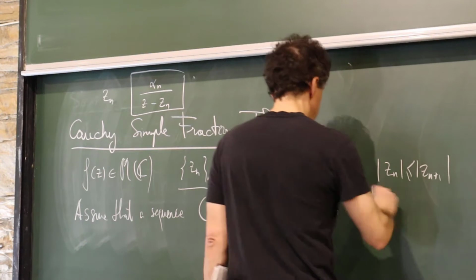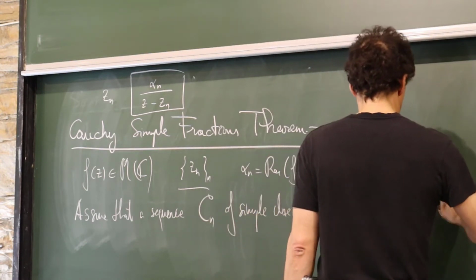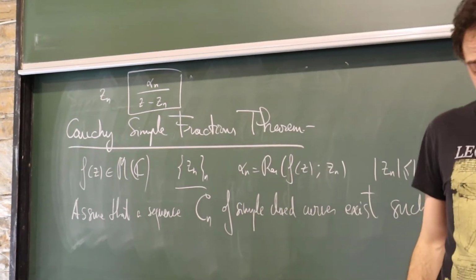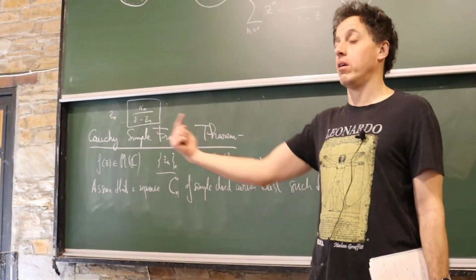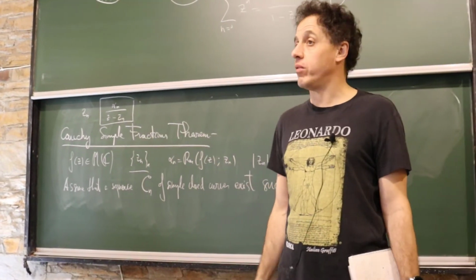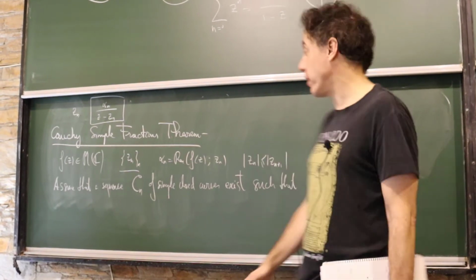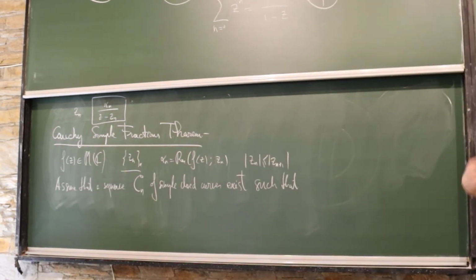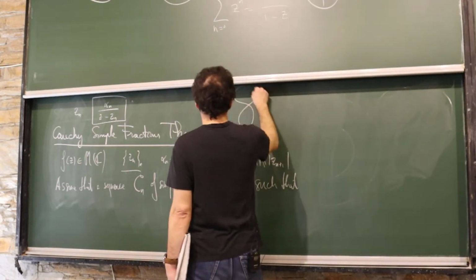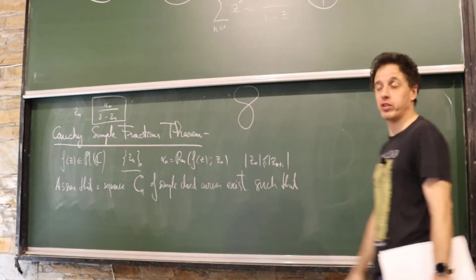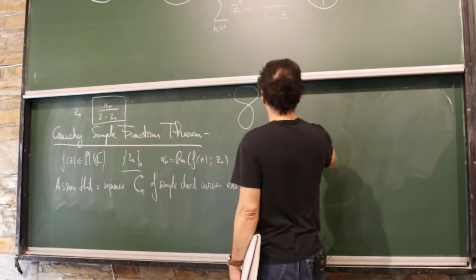By simple, I mean a curve which is homeomorphic to the unit circle, S1. And it's of course piecewise continuous, etc. So I don't want things like this as curves. I want things like this.